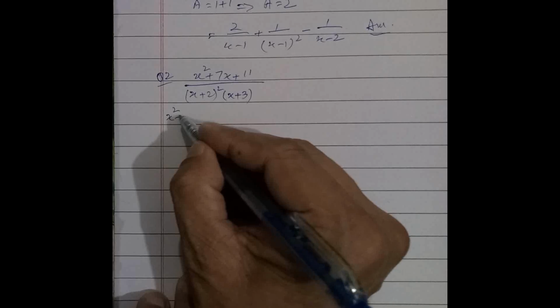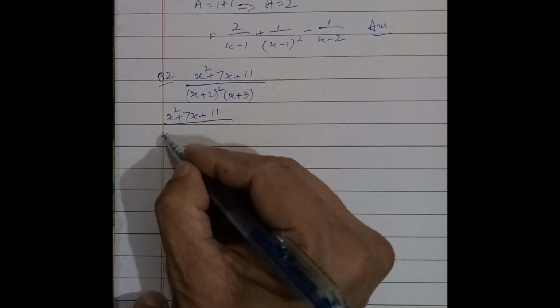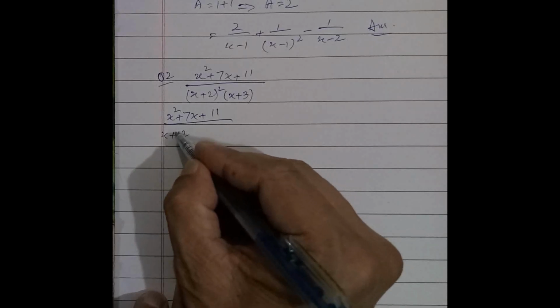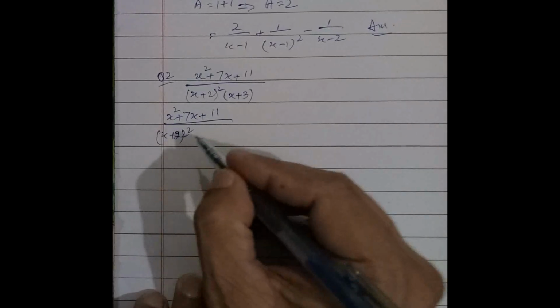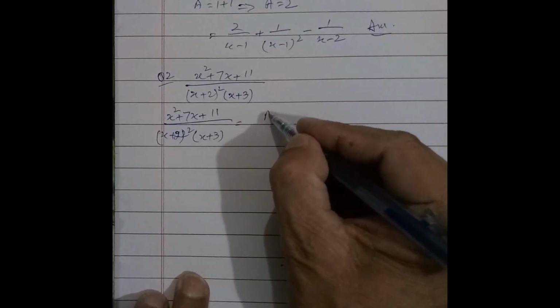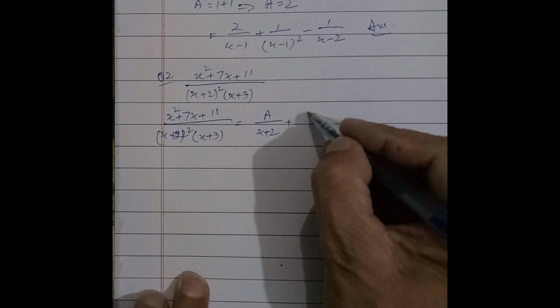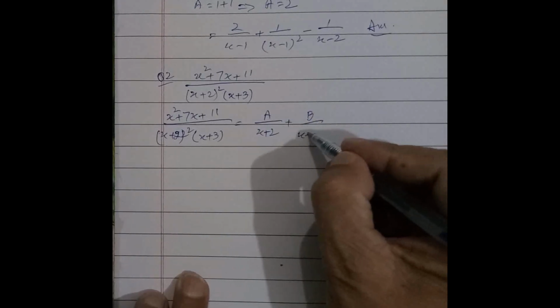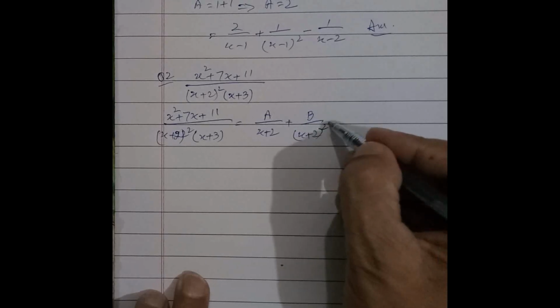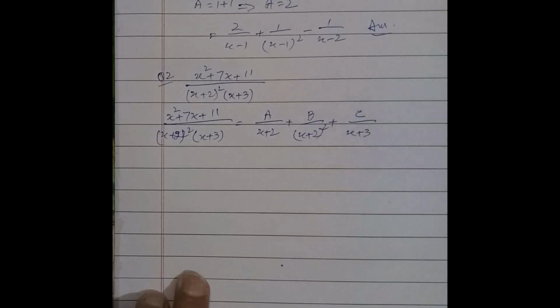We get x square plus 7x plus 11 over x plus 2 whole square into x plus 3 is equal to a over x plus 2 plus b over x plus 2 whole square plus c over x plus 3.